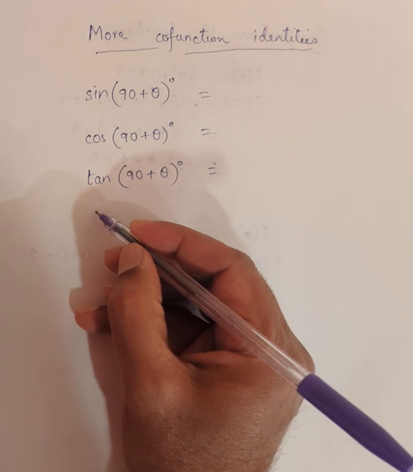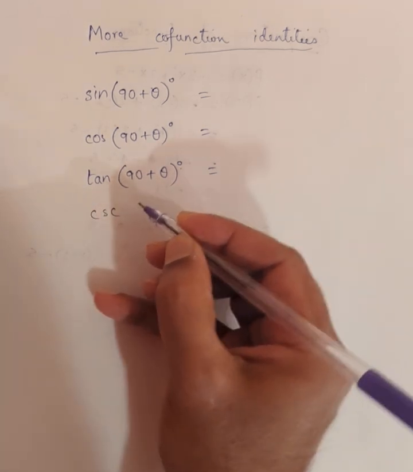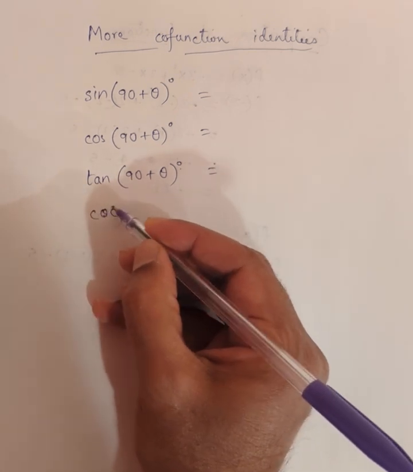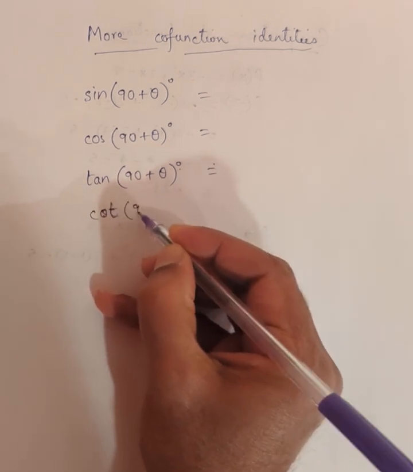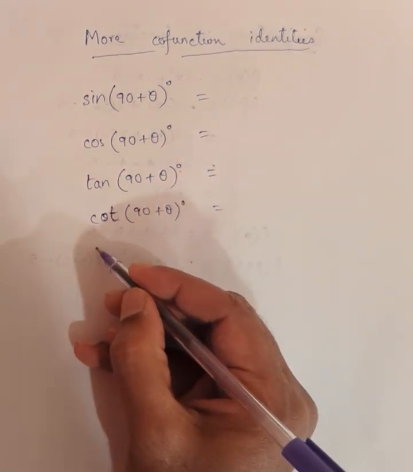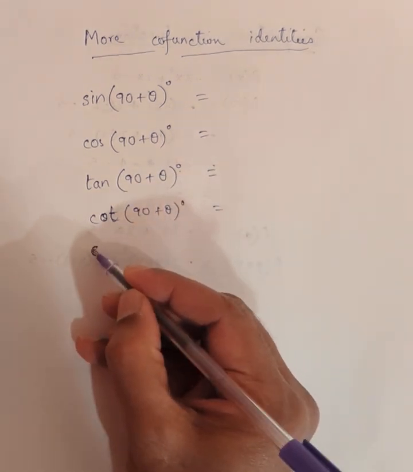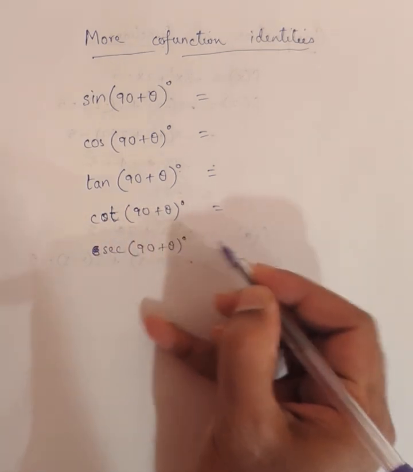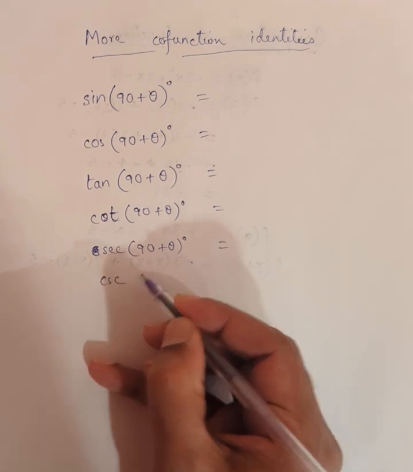Sine, cos, tan, and then let's do cotangent, then secant first and then cosecant of 90 degrees plus theta.